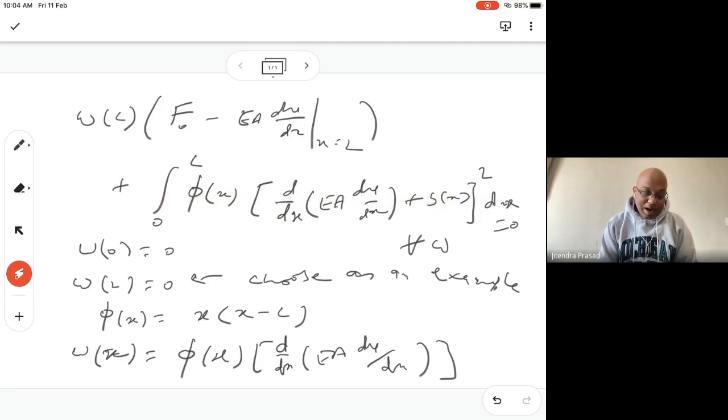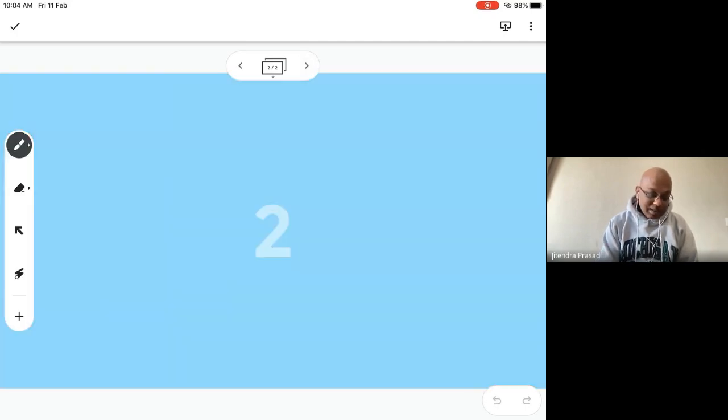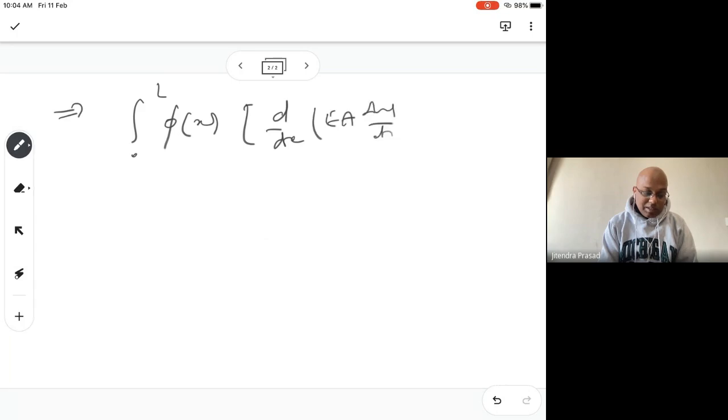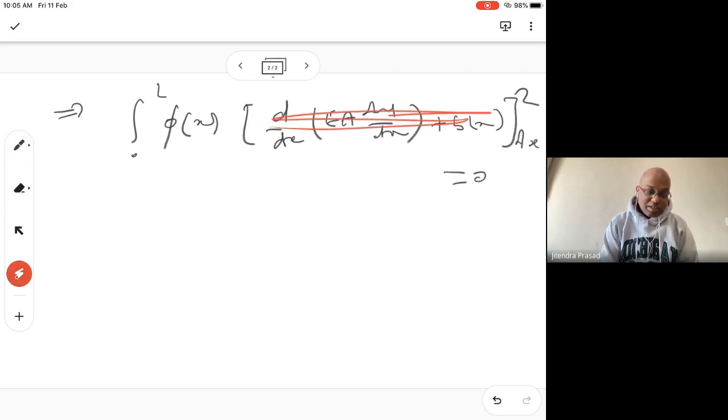So that really means that the integral from 0 to L of phi x, and d over dx EA du over dx plus bx square dx has to be equal to 0, right? And hence it follows this has to be 0.